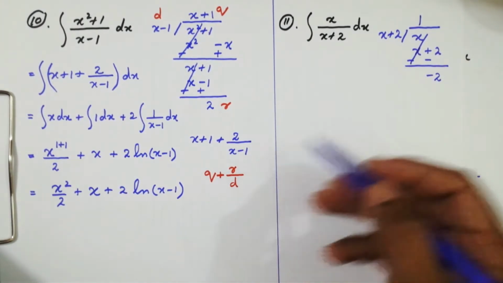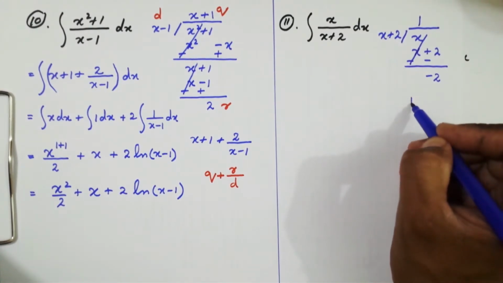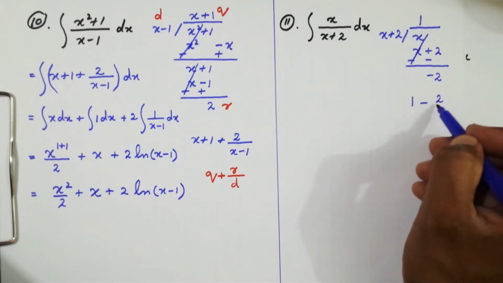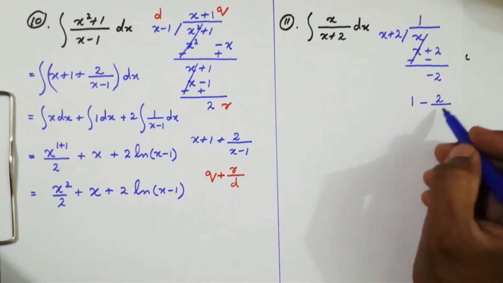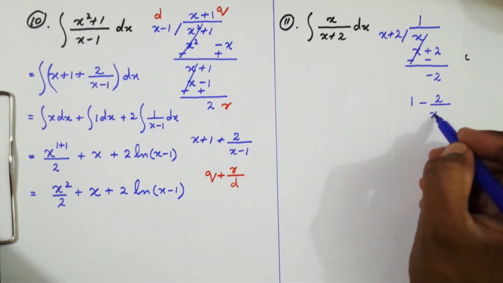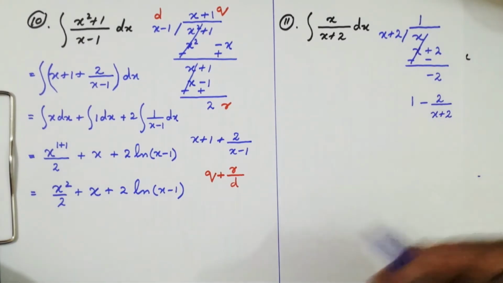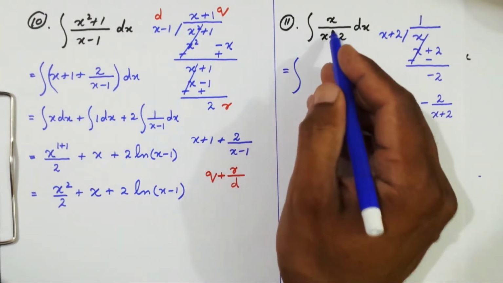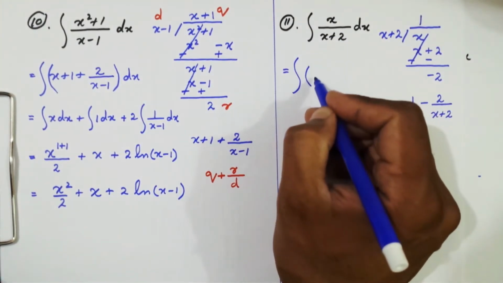Same as this rule, we are going to write first the quotient, then the remainder with its sign, and in its denominator we write the divisor. So we replace this question by these terms.